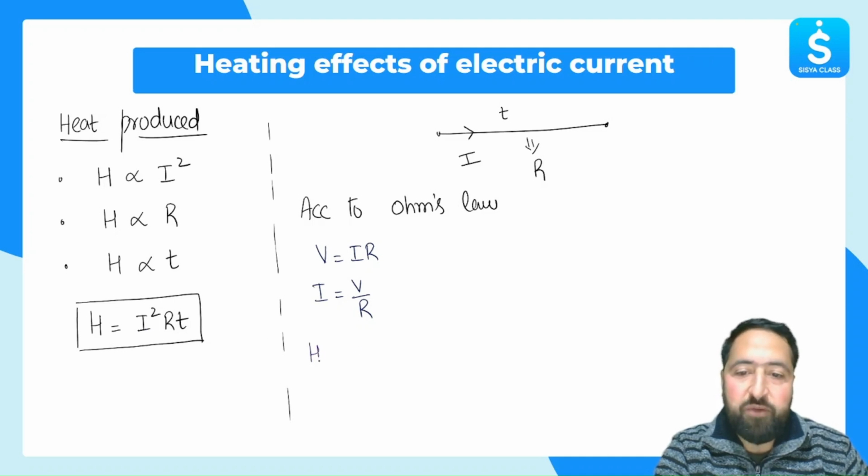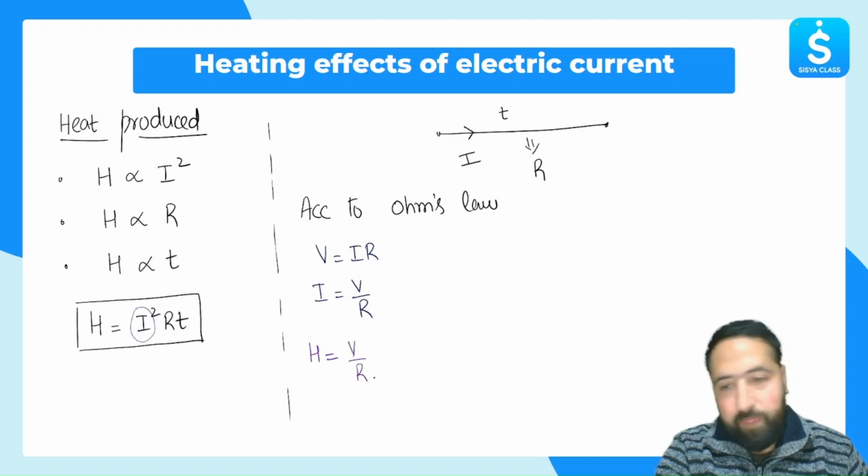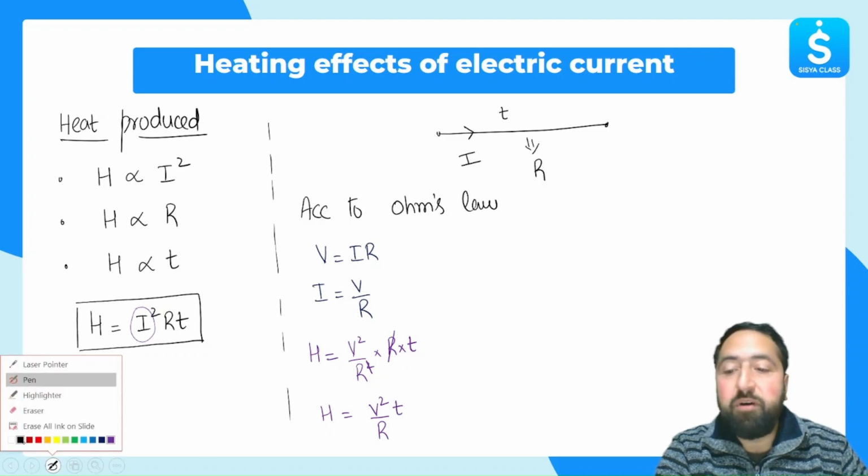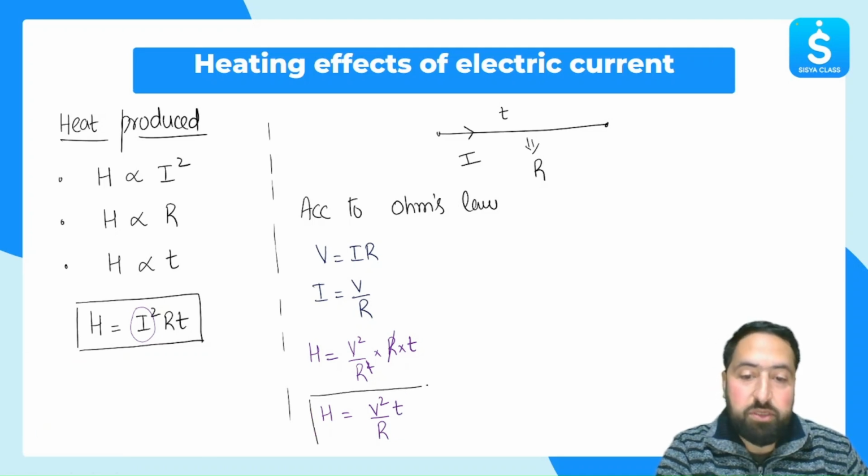So you would get H equals V divided by R, the whole squared, so the square is of V and of R as well, multiplied by R into T. Very good. See, this resistance and this resistance get cancelled. What's the answer? H equals V square divided by R into T. So this is the other form. You can write it like this also.